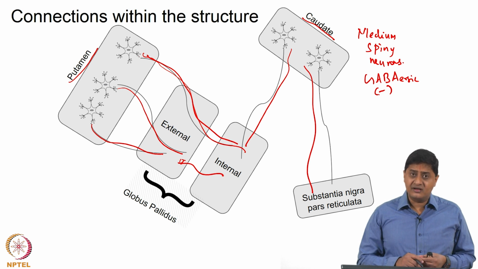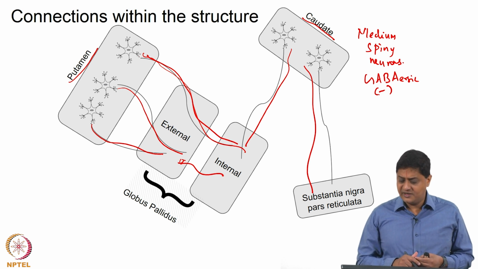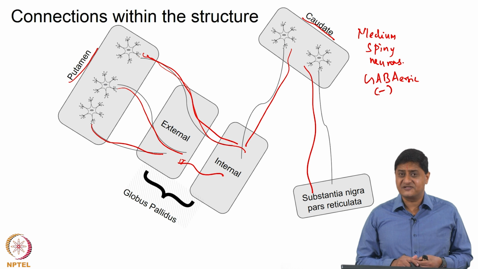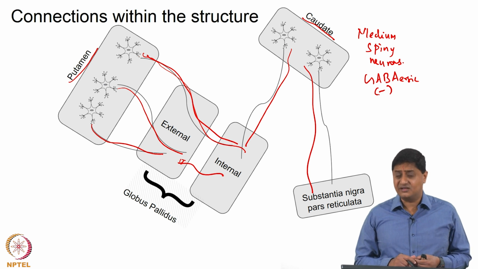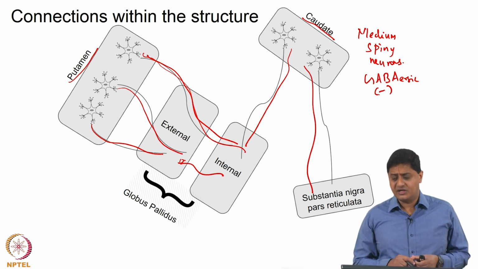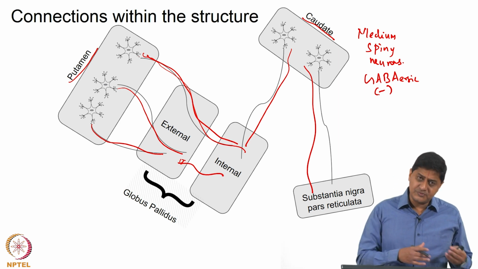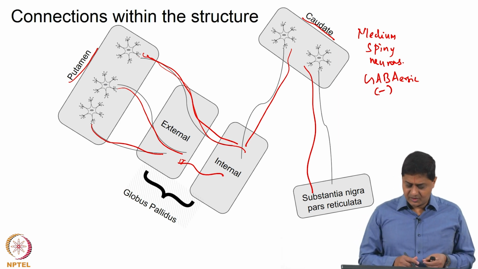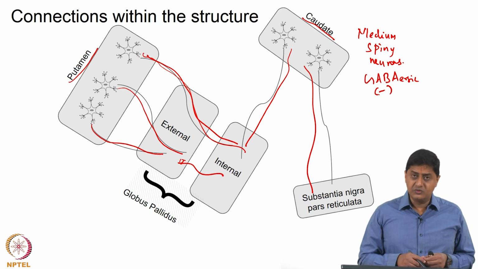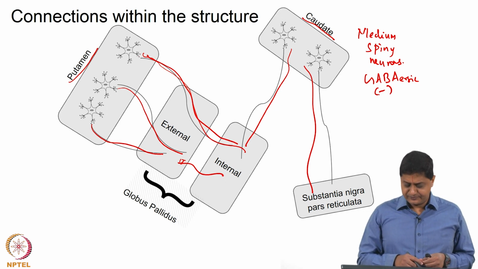They have a special name, medium spiny neurons, because of the presence of spines on their dendritic structures. So, these are called medium spiny neurons, a very special feature of the striatum. Striatum means both caudate and putamen. Okay. These output to both GPE and GPI.